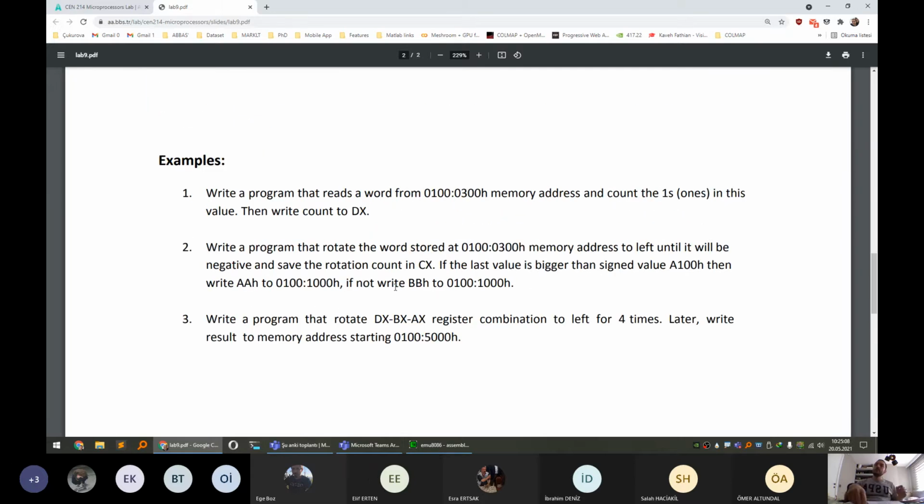Okay. Write a program that reads a word, it's important, a word, from 300H memory address and count the ones in this value. Then write count to dx. We are going to count the ones in this memory location.